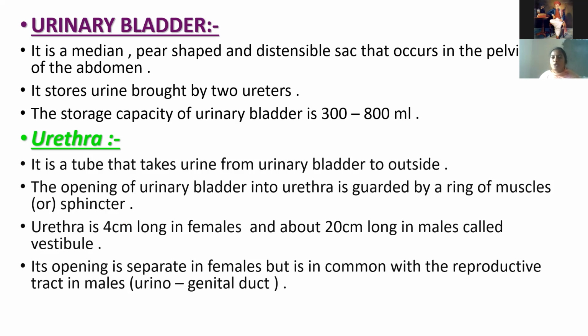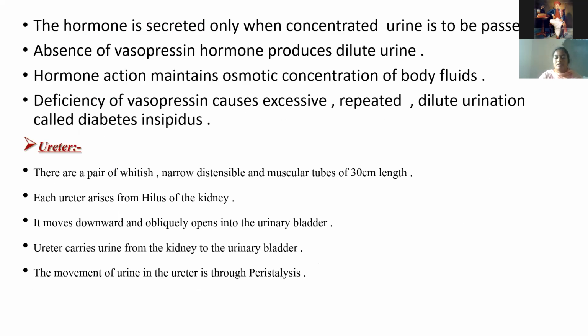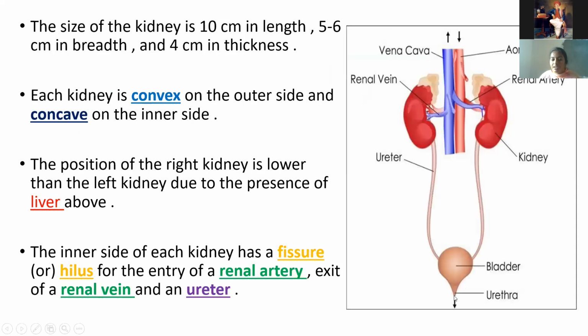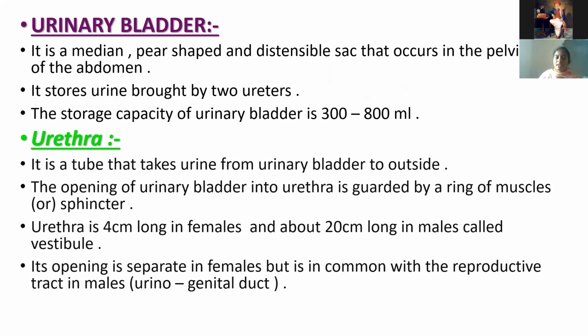Next one is the urethra. This is the urethra. It is the last opening part. The urethra is a tube-like structure. The urine from the urinary bladder is released outside of the human body.